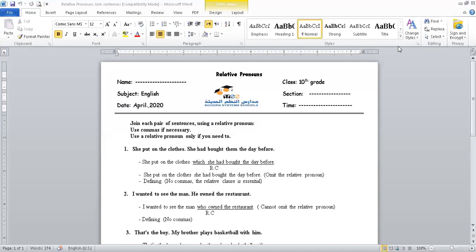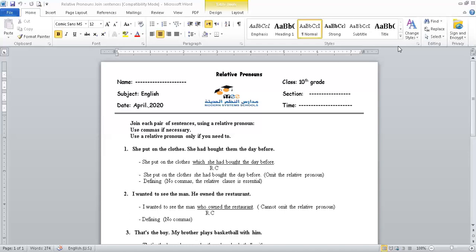Now, which is defining an object, so you can omit which, and you can say, she put on the clothes she had bought the day before. So it's possible to delete which لأنها عم بتعرف object which is the clothes. And this type is defining.